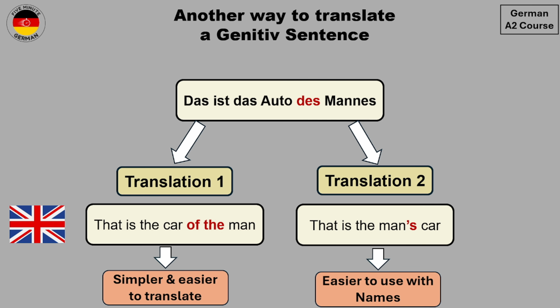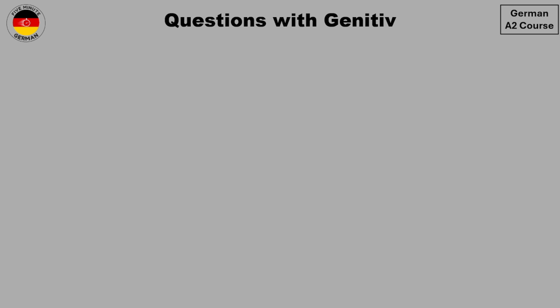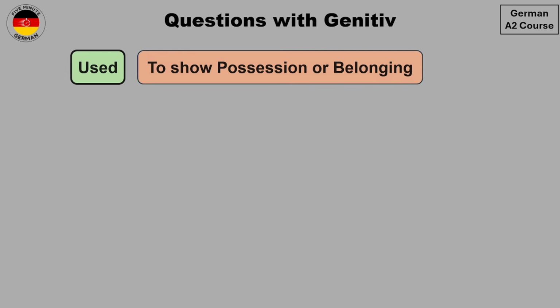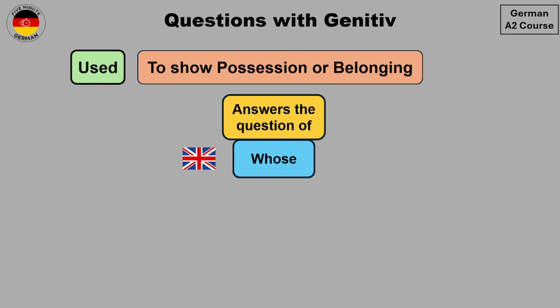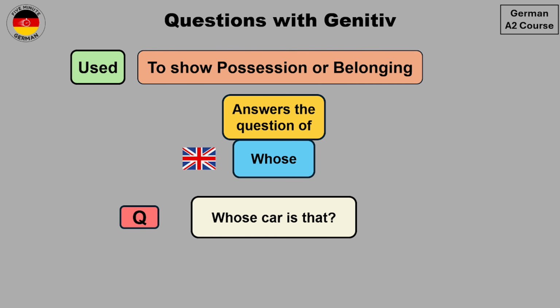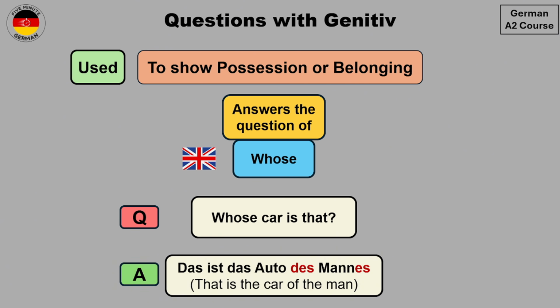Now let's see what kind of questions we can answer with genitive. As we learned earlier, the genitive is used to show possession or belonging. And the genitive answers the question of whose, which is an English word. So for example, if somebody asks the question, "Whose car is that?" then we can answer it with the genitive as "Das ist das Auto des Mannes."